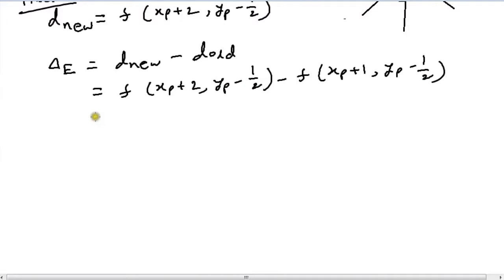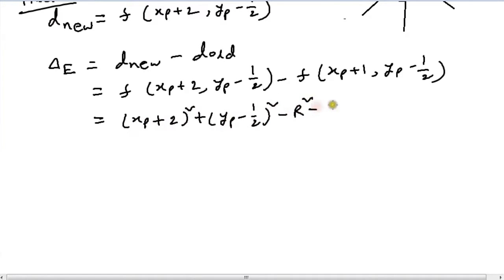Okay? Now, I'll solve this equation for you guys to understand. We break it down to the circle equation: xp plus 2 whole squared plus yp minus half whole squared minus r squared, minus xp plus 1 whole squared, minus yp minus half whole squared, plus r squared.